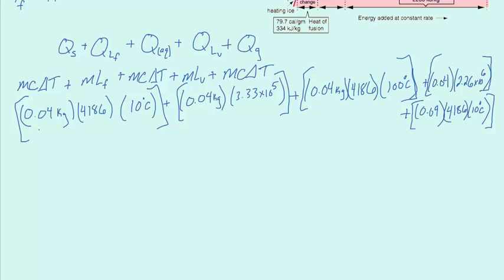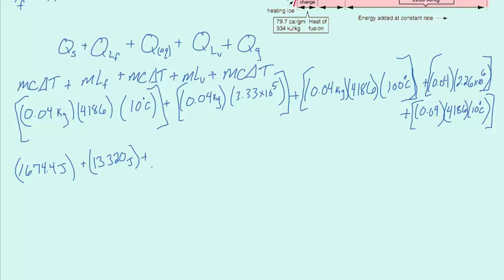And now we can simplify our equation by calculating out each Q and then adding them together. So if we do that real quick, we see that our first Q had 1,674.4 joules of energy, plus our second Q, which was equal to 13,320 joules.